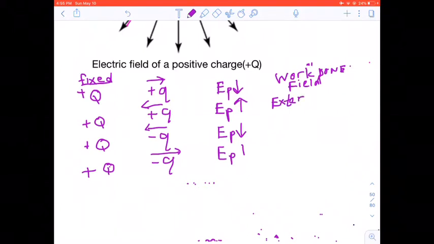Okay? External force. And when the negative charge moves, so the work is done by the field, the electric field. And then when the negative charge is moved away from the positive charge, then the work is done by an external field.